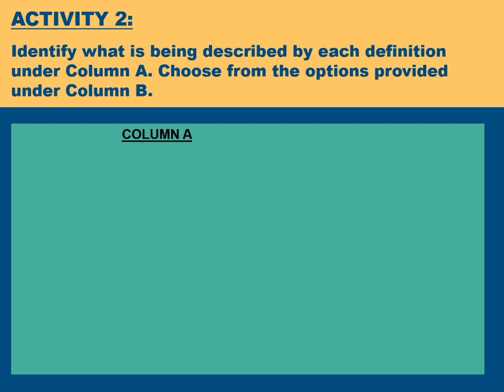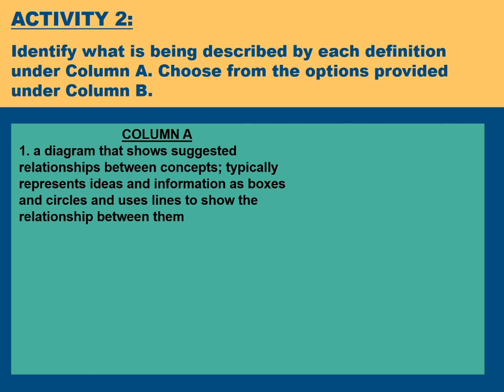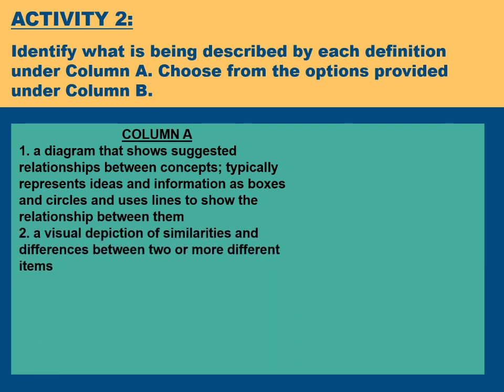Under column A, here are the given items. 1. A diagram that shows suggested relationships between concepts. Typically represents ideas and information as boxes and circles and uses lines to show the relationship between them. Number 2. A visual depiction of similarities and differences between two or more different items.